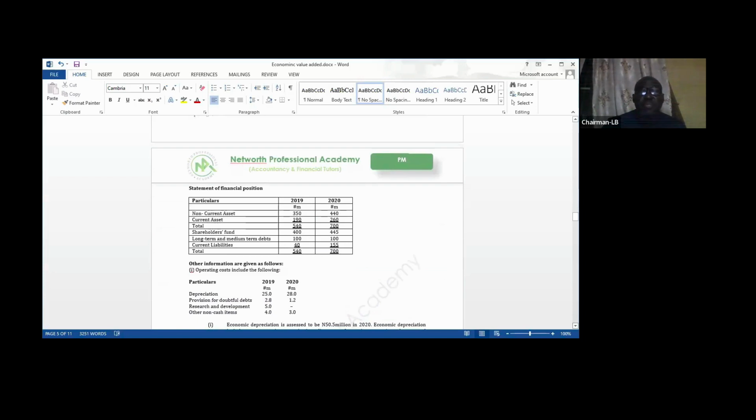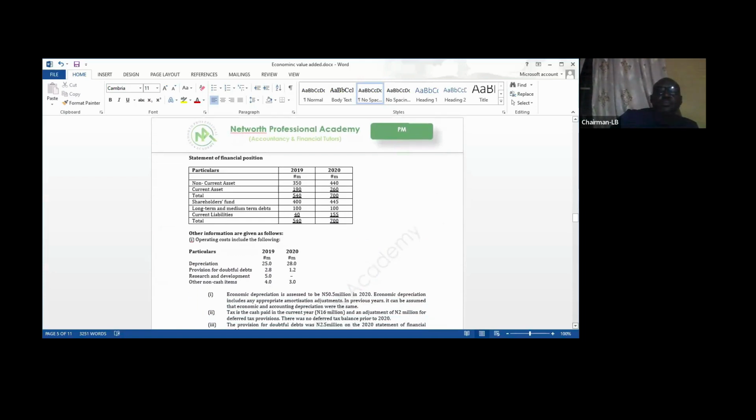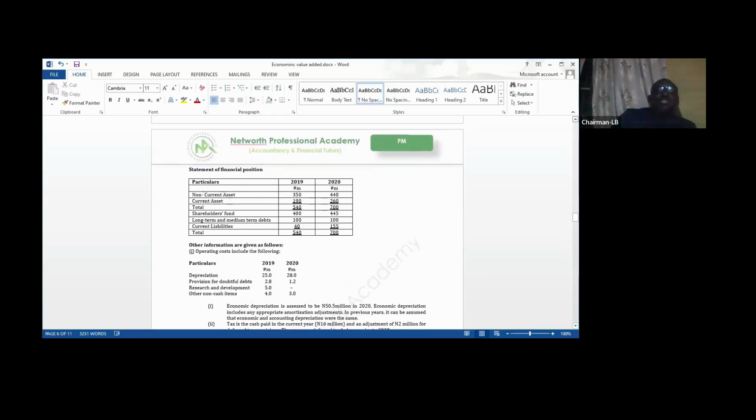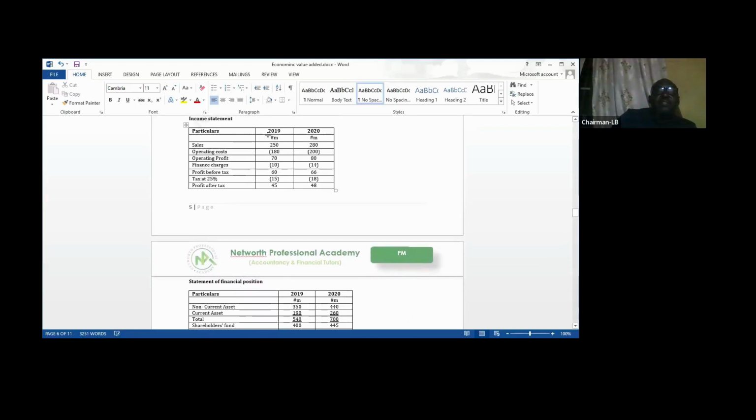Look at other information. Information 1. Operating costs include, look at it too, this operating cost you have here.